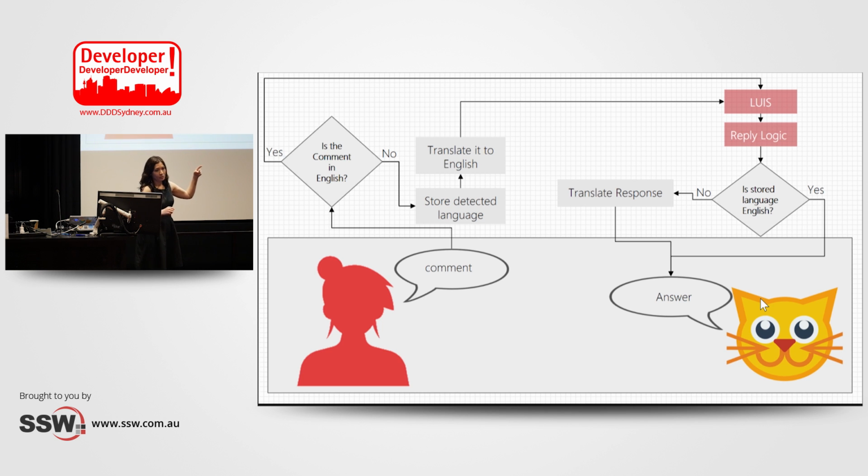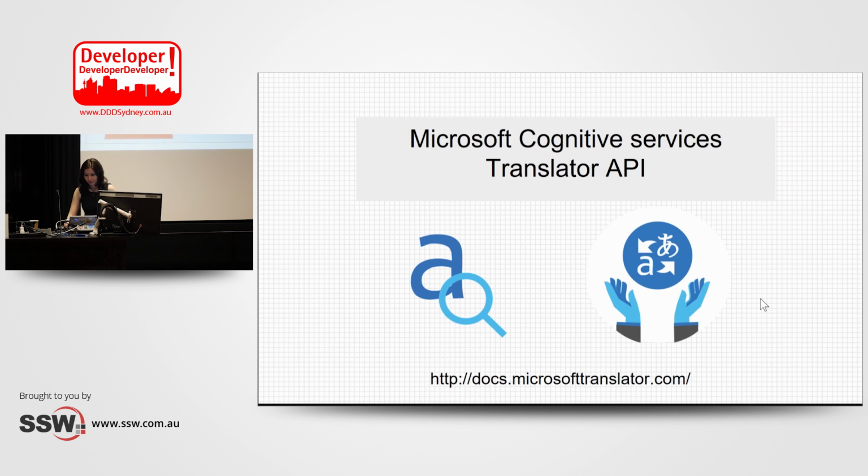After sending it to Luis, we find the intent, and I provide the proper response. Before sending it to the user, I translate it to the user's preferred language. For doing that, I use the Translator API, one of the APIs from Microsoft Cognitive Services, to detect the language and to translate between different languages.